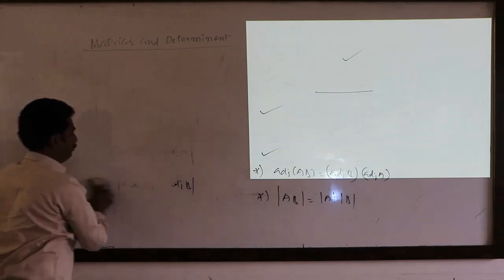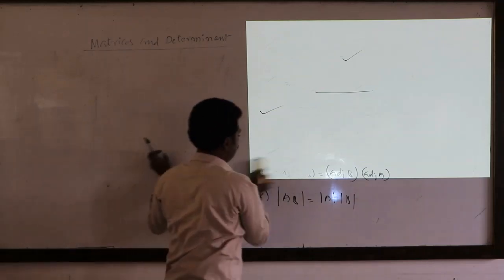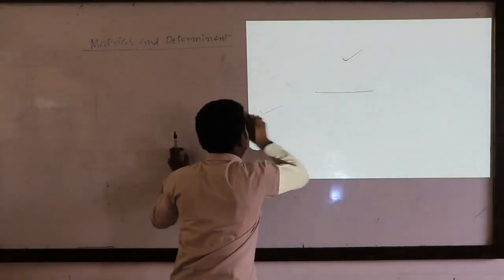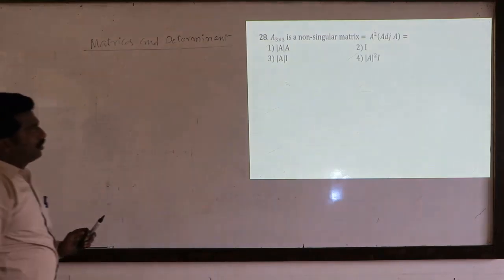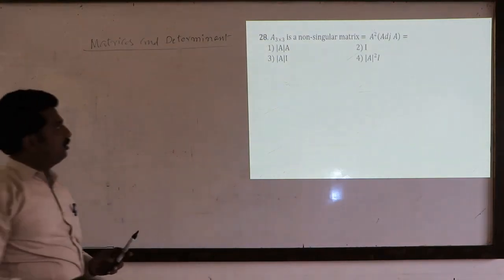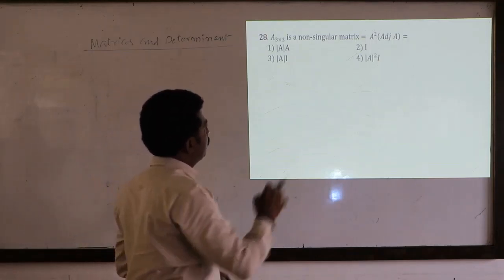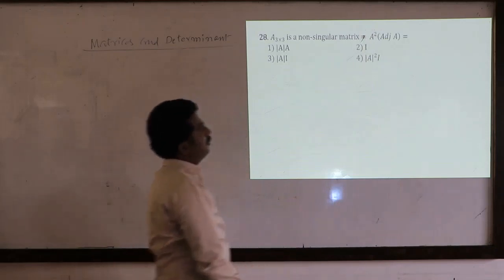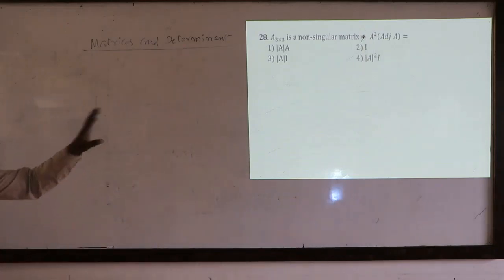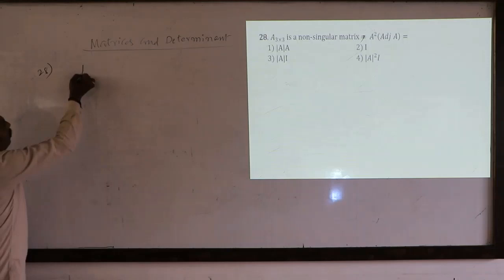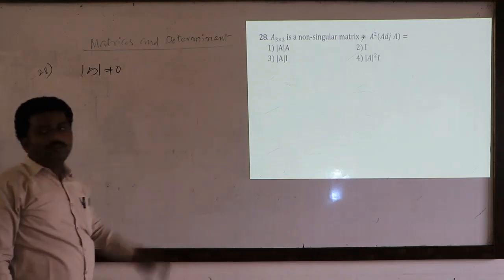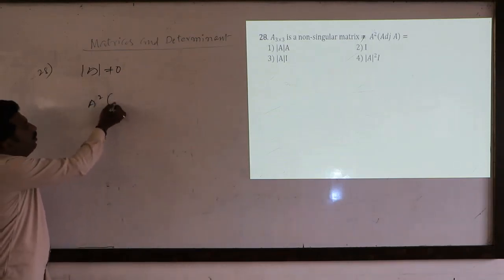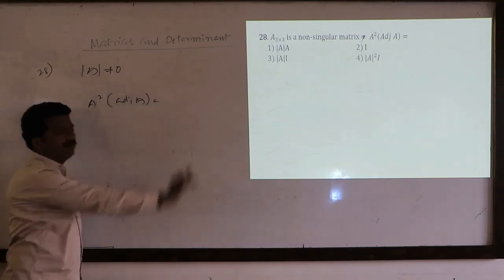Next. If you observe the next question: if A is a non-singular square matrix, determinant of A is not equal to 0, then they are asking about A square into adjoint of A. Very clear.